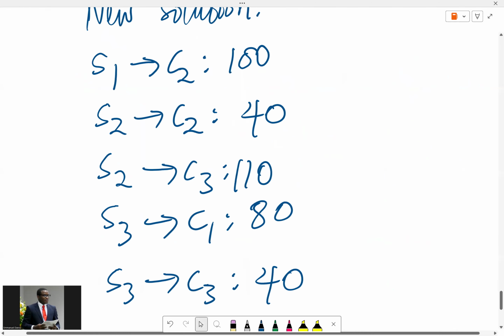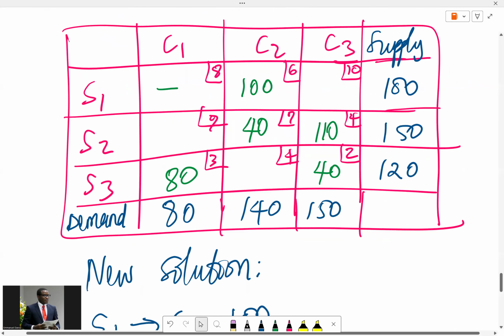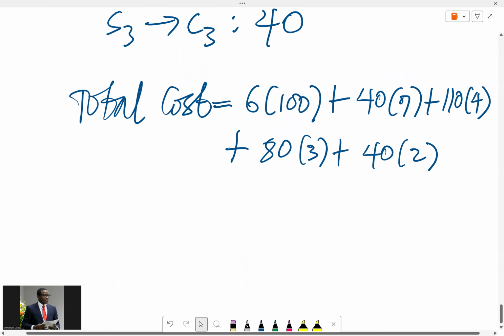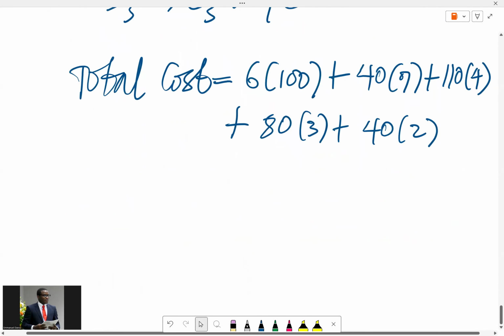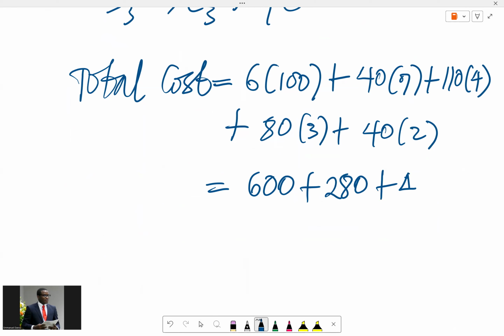I wanted the cost to come first before, but that's okay. So let's check again: 100 times 6, 40 times 7, 110 times 4, 80 times 3, 40 times 2. That is 600 plus 280 plus 440 plus 240 plus 80.